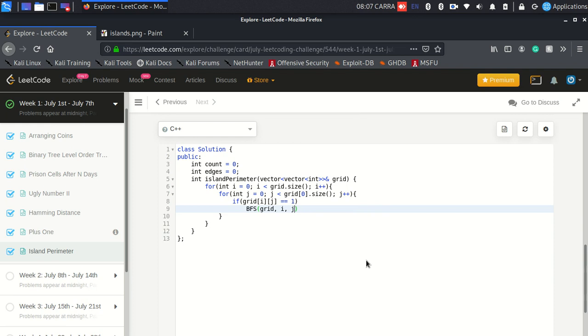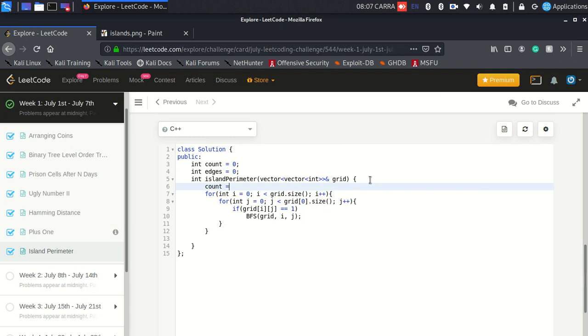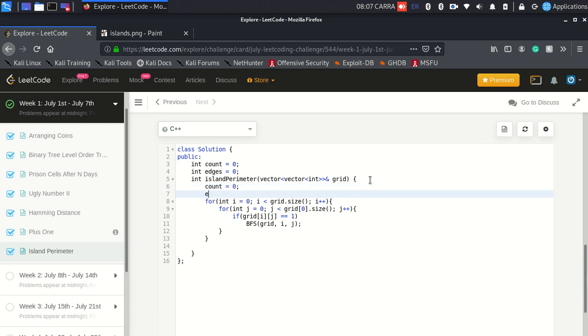I don't think I have to pass on any other variable. We'll see if we have to. This bfs would be a void type, because it would do nothing but update my count and edges, these two values. Since I'm using global variables, every time I need to reset the values in the auxiliary function that I'm using.